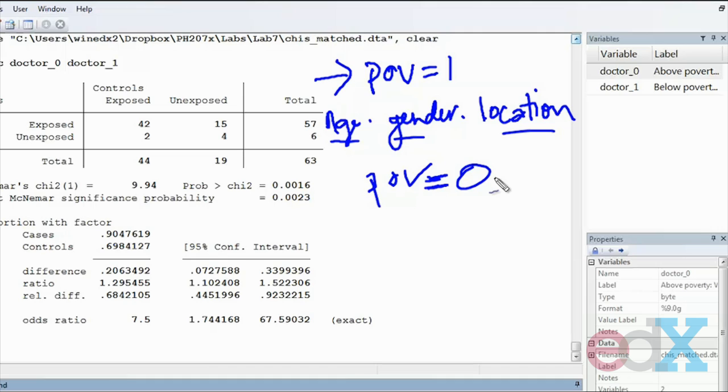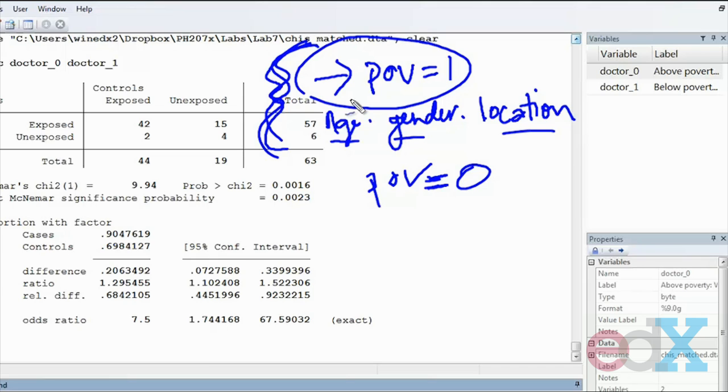So it's still a test of no association between poverty and visiting the doctor in the last 12 months, but it's no longer a test for general California residents. Instead, it's a test that's generalizable to the population with covariate patterns similar to those below the poverty line. So now we're sort of generalizing this hypothesis test to the population of California who has this covariate pattern that exists in the poverty equals 1. So this is a subtle difference, and if it doesn't register for you right now, don't worry about it.